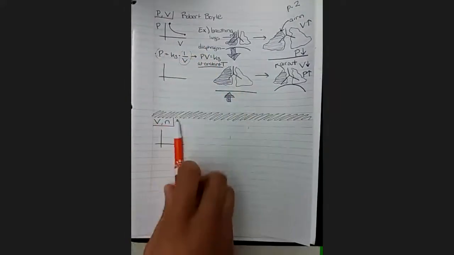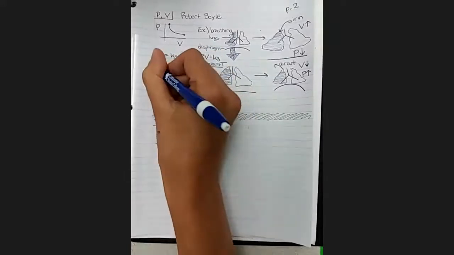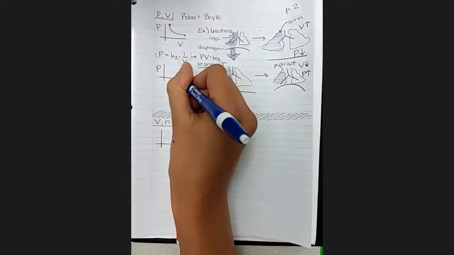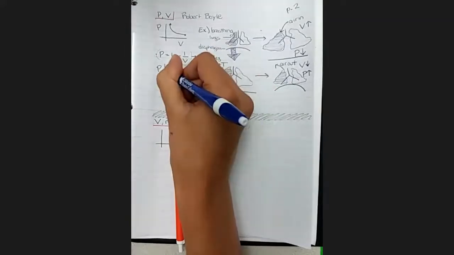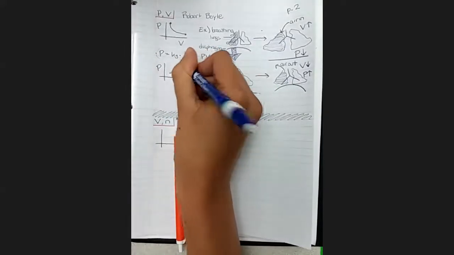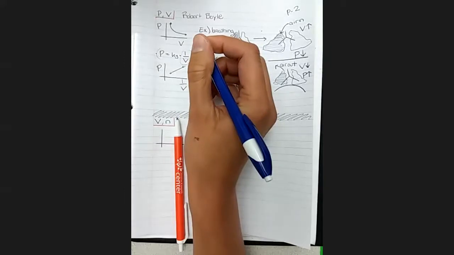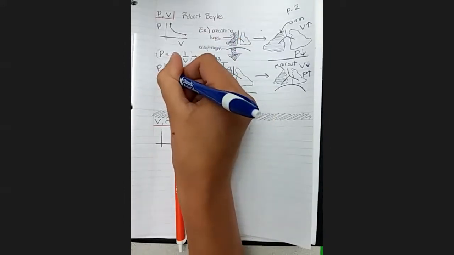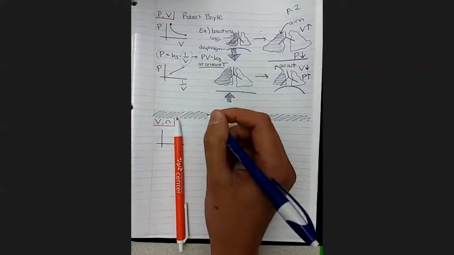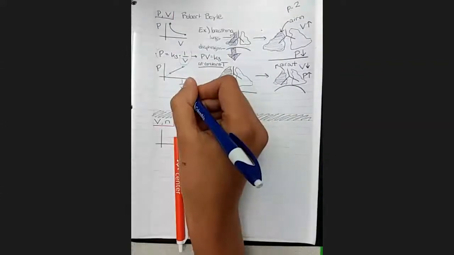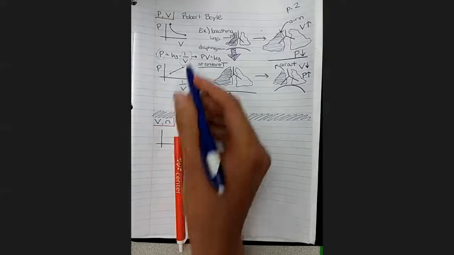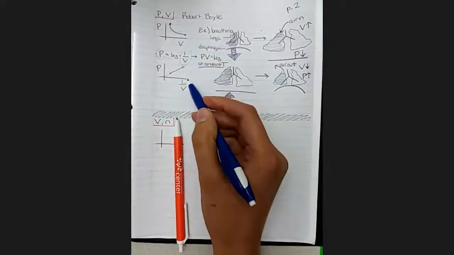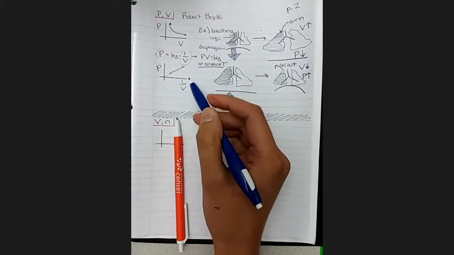So if I change my plot to be P on the y-axis and 1 over V on the x-axis, that is going to give me a linear relationship. As 1 over volume increases, the pressure increases as well. So you might see this graph drawn this way, so it looks more like a line.